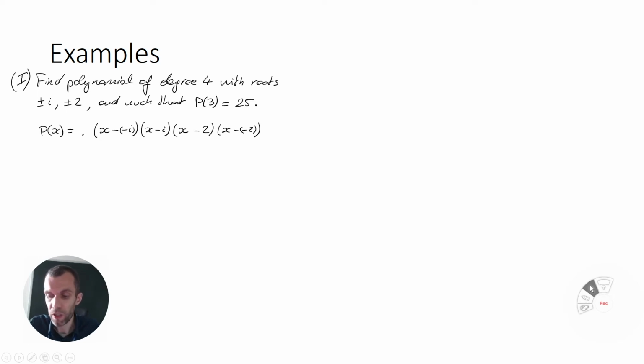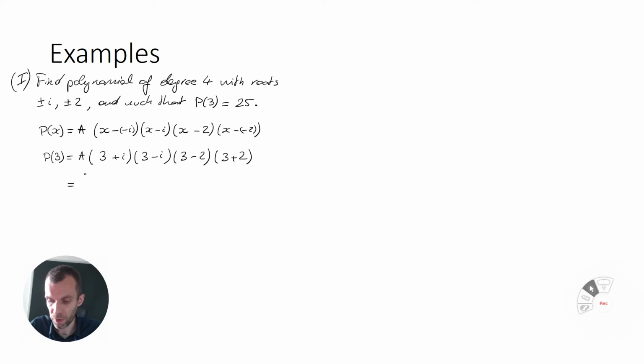And now we can multiply this polynomial by an arbitrary constant a without changing the roots or the factors. So now what do we know? Well, we also want p of the value x is 3 to be equal to 25. So let's see what p of 3 is. Well, it's a times 3 plus I, 3 minus I, 3 minus 2, 3 plus 2.